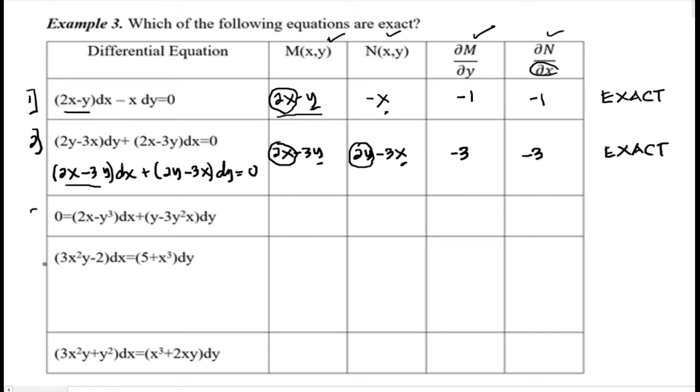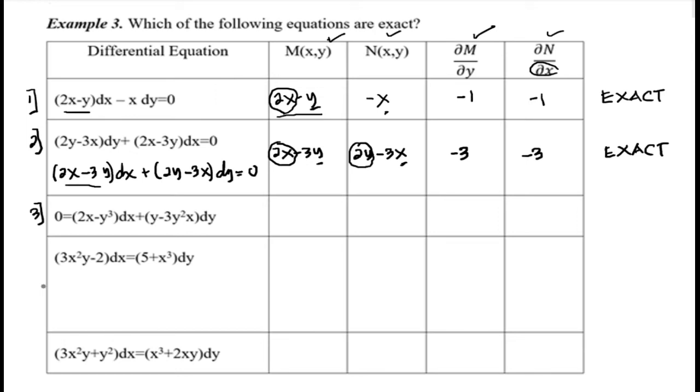For our third example, 0 is equal to 2x minus y cubed dx plus y minus 3y squared x dy. As noticed, the two terms are written on one side, but that is on the right side of the equation. Nevertheless, the dx term is our first term, so this is considered as in the standard form.